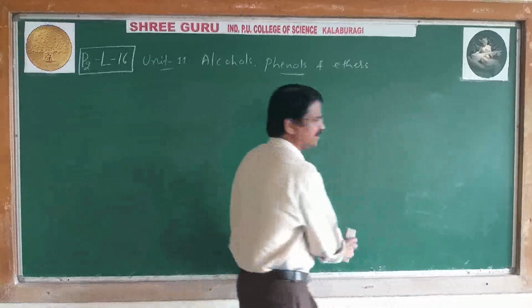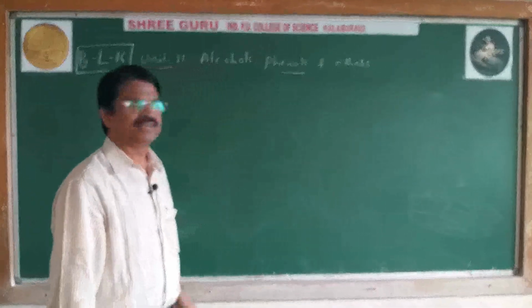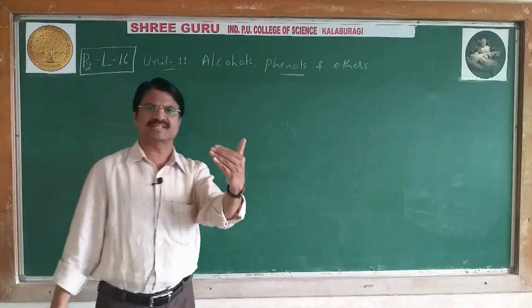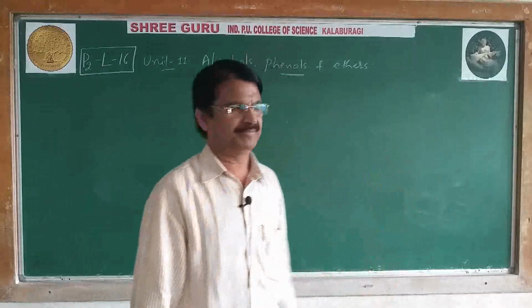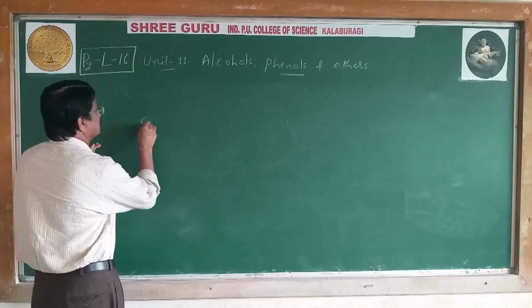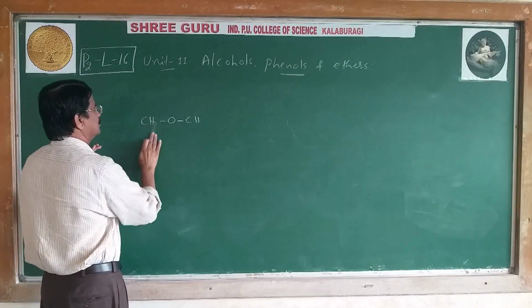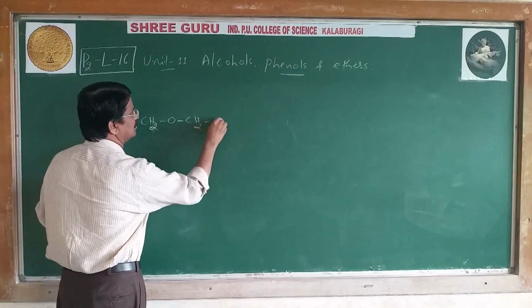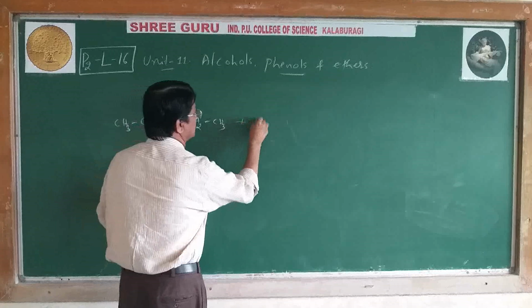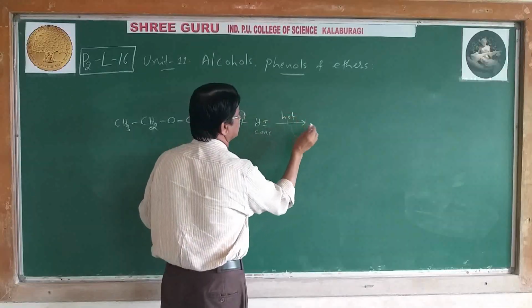So up to this I told, if 1 mole of HI is used, how to write equations. It may follow SN1 or SN2 mechanisms. But if 2 moles of HI, meaning excess HI, concentrated medium, on heating with ether, see what happens. CH3CH2OCH2CH3 plus HI concentrated and hot.